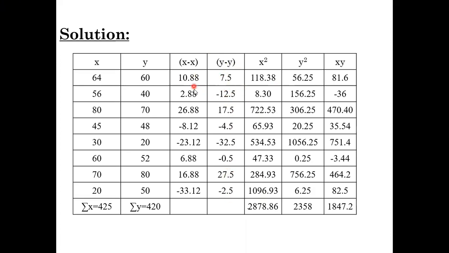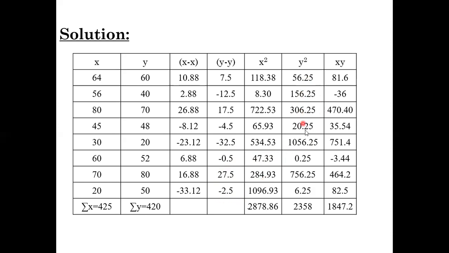Similarly, just as we squared x, we have to square y in the same way. 7.5 into 7.5, 12.5 into 12.5, 17.5 into 17.5, 4.5 into 4.5, 32.5 into 32.5, 0.5 into 0.5, 27.5 into 27.5, 2.5 into 2.5.